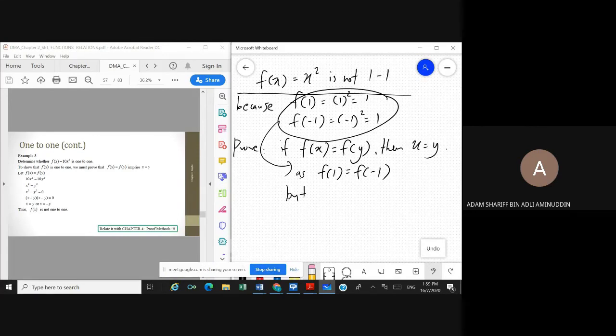But such 1 is not equal to negative 1. Based on the definition of 1 to 1 just now, if fx equals to fy, then x must be equal to y. But for this case, when fx equals to fy, this x is not equal to y. As my conclusion right now, if fx equals to x squared, proven to be not 1 to 1.